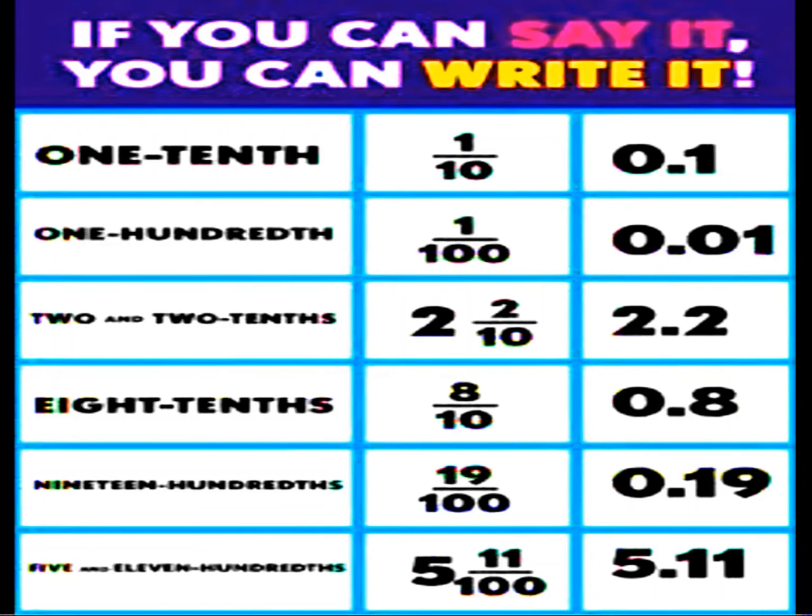Next is 1 upon 100. 1 upon 100 is the fraction and 0.01 is the decimal number. I hope you are able to understand. Next is 2 and 8 tenths. 2 is the whole number, so after 2 we put the point. In fraction we write 8 upon 10 and in decimal we write 0.8.